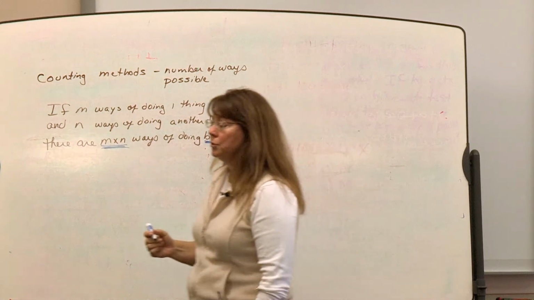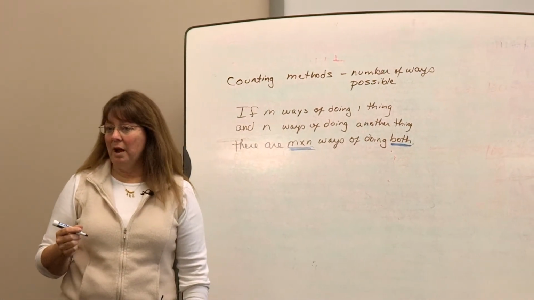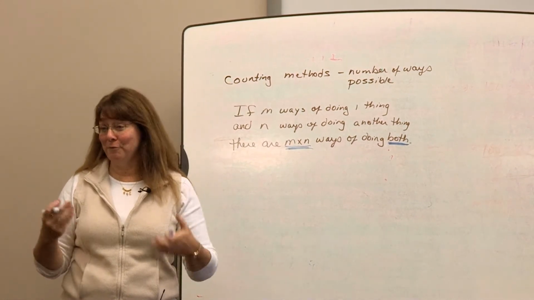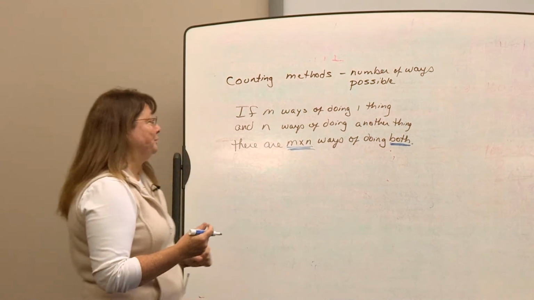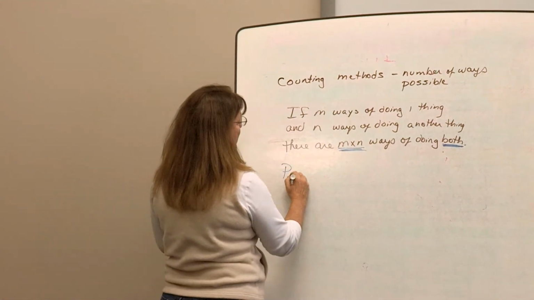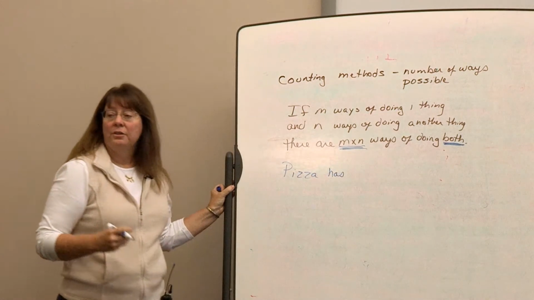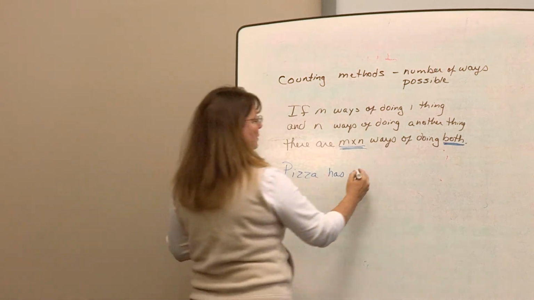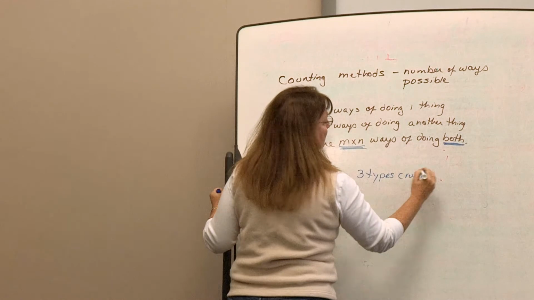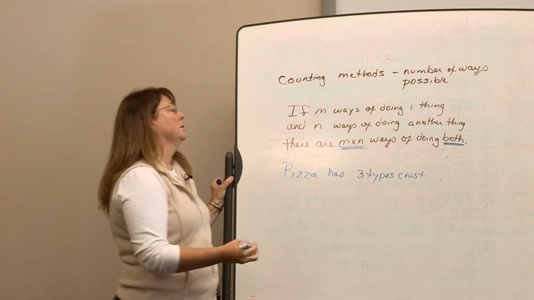You've heard those commercials for pizza where they tell you about all the toppings and they tell you how many astronomical different combinations there are for your pizzas. So maybe you're going into the pizza store and they have 3 different kinds of crusts. You can have thin, you could have thick, you could have the stuffed crust.